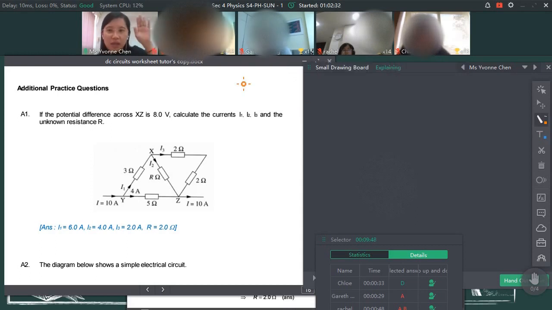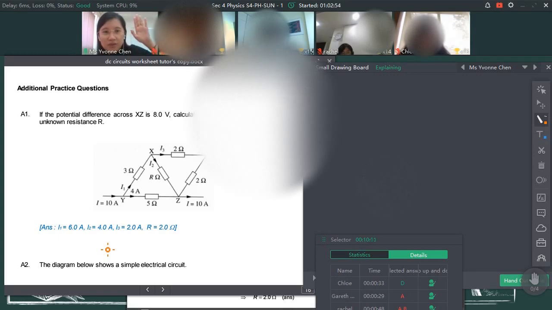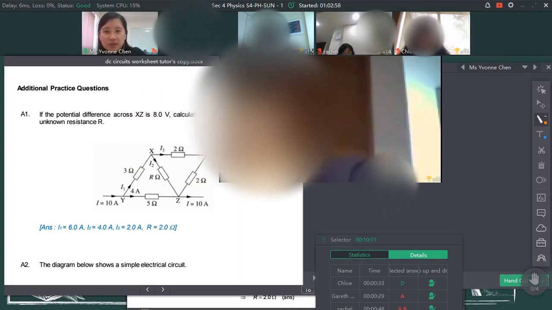Just a check. Any one of you got the correct answer for A1? The answer is 6.0 amperes. I think the answer is printed in your student copy as well: 6.0 amperes, 4.0 amperes, 2.0 amperes, and 2.0 ohm. Any one of you got the correct answer? Jonathan?